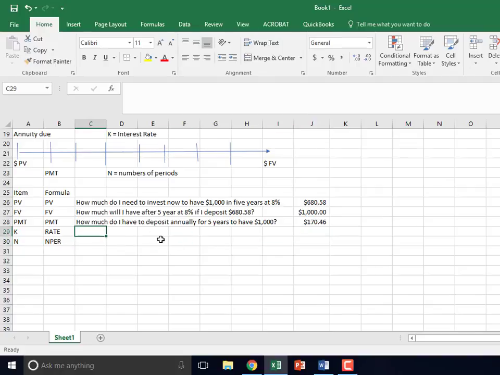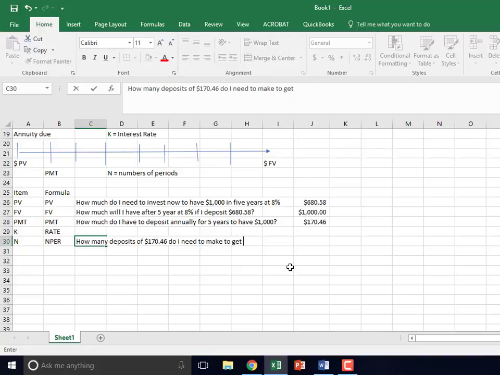Okay. Now, what about number of periods? Let's skip over rate for a minute because we have this problem that we're working on. For number of periods, let's say how many deposits of $170.46 do I need to make to get $1,000 if I get 8% interest?